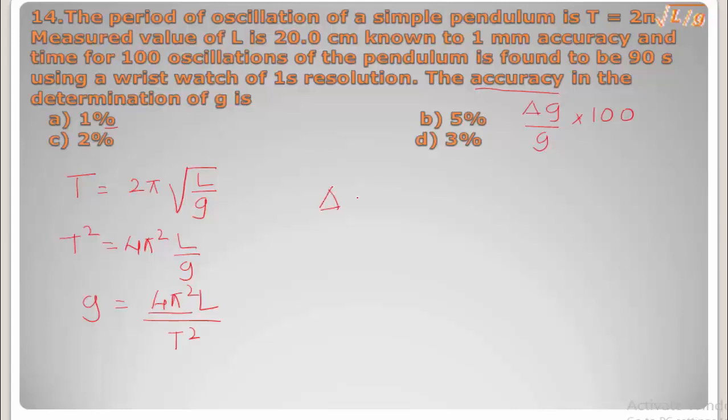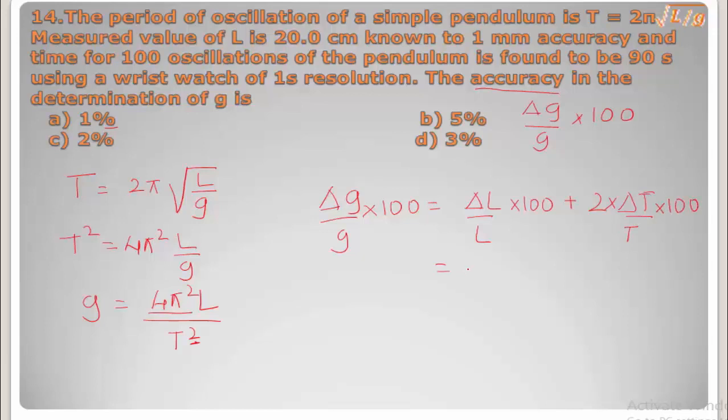Now write the percentage error formula for this. Delta G by G into 100 becomes delta L by L into 100 plus 2, because the power of T is 2, 2 into delta T by T into 100.